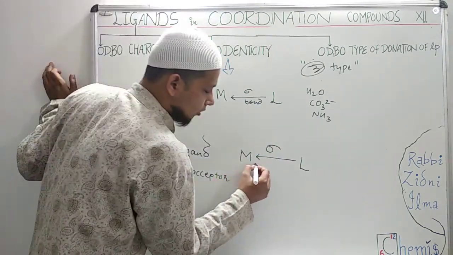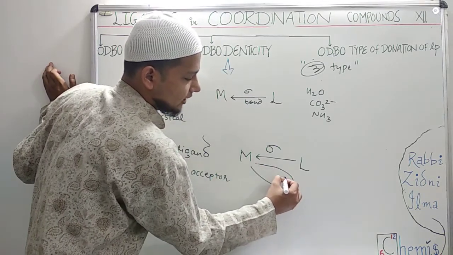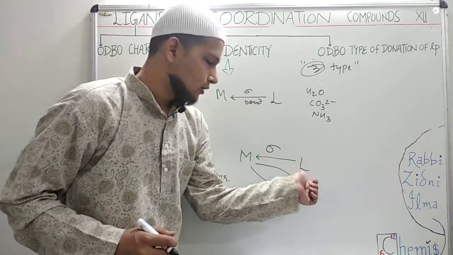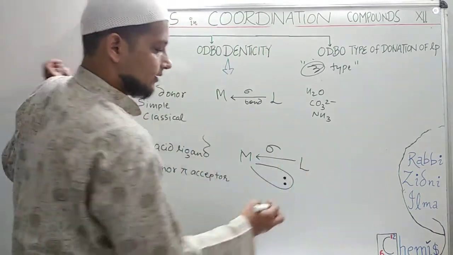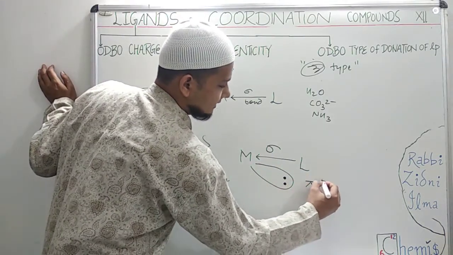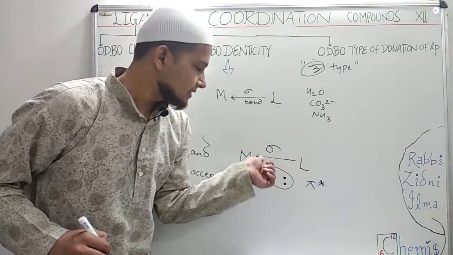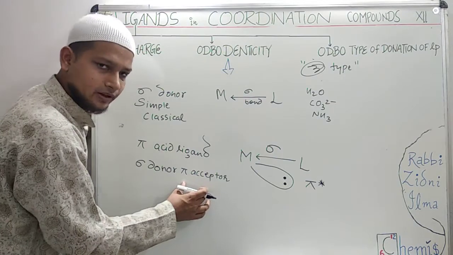However, it will also ask the metal to donate or to share its electron cloud with the ligand. So its electron cloud will be shared with the ligand, and this will be shared in its anti-bonding orbitals of ligand. So this is called a pi acid ligand, sigma donor, pi acceptor.